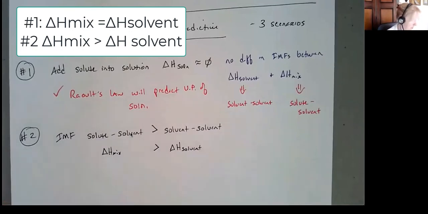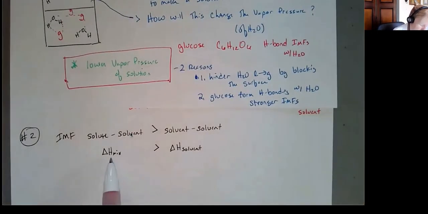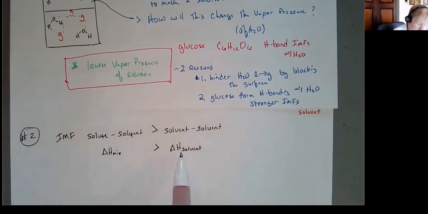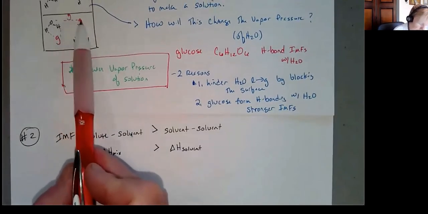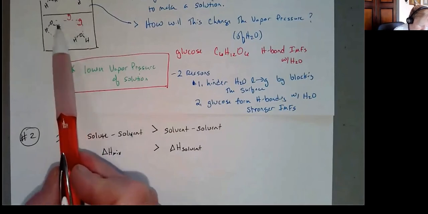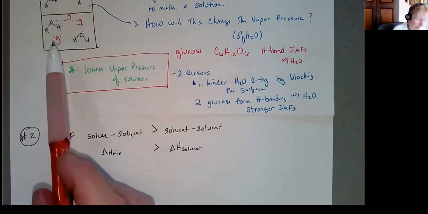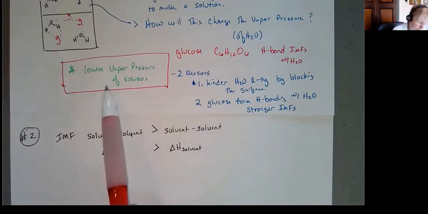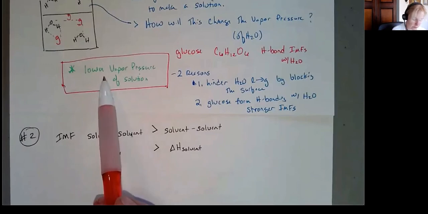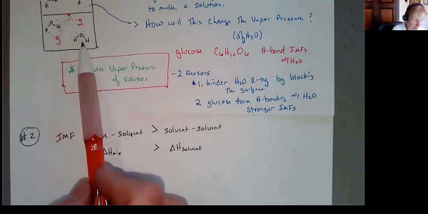So that means that once I form that solution, if my delta H of my mix is greater than the delta H of my solvent, and let's say glucose here has that scenario, then it's going to hold these water molecules in solution. And so that's going to allow me to predict using Raoult's law that the vapor pressure of the system is going to be lower, right? So I have this scenario here.